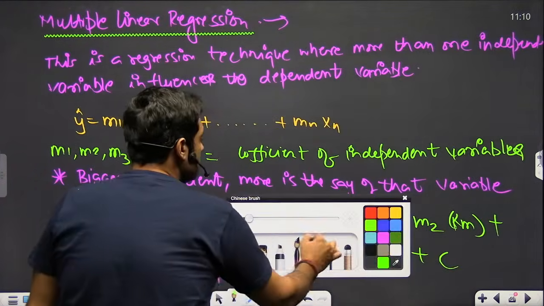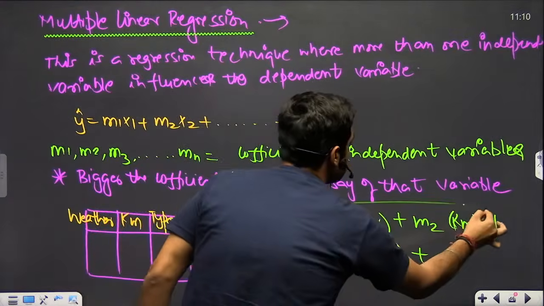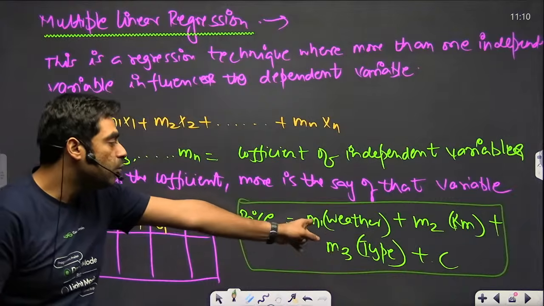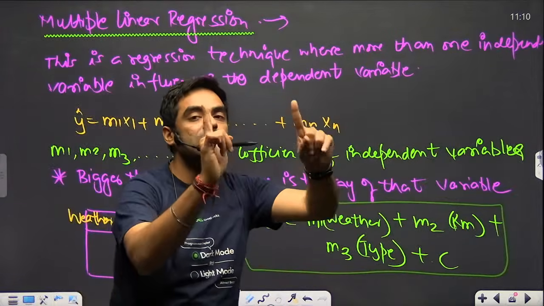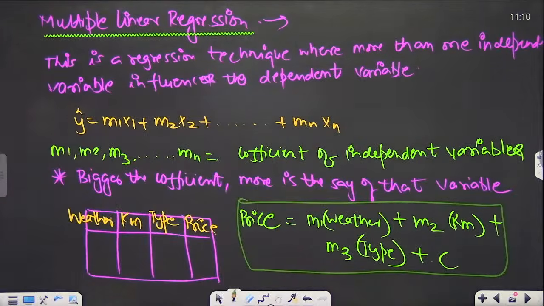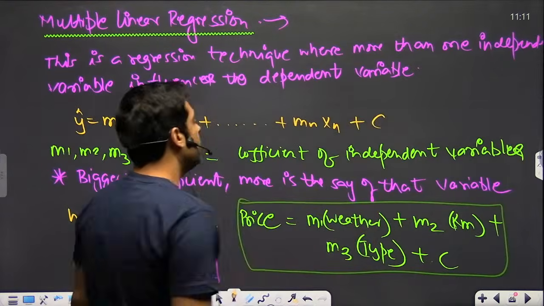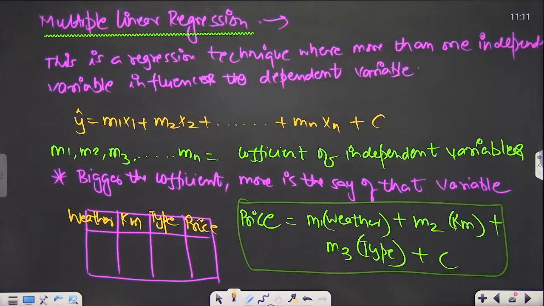So this is a multiple linear regression model where m1, m2, m3 signify the coefficients of these three parameters.